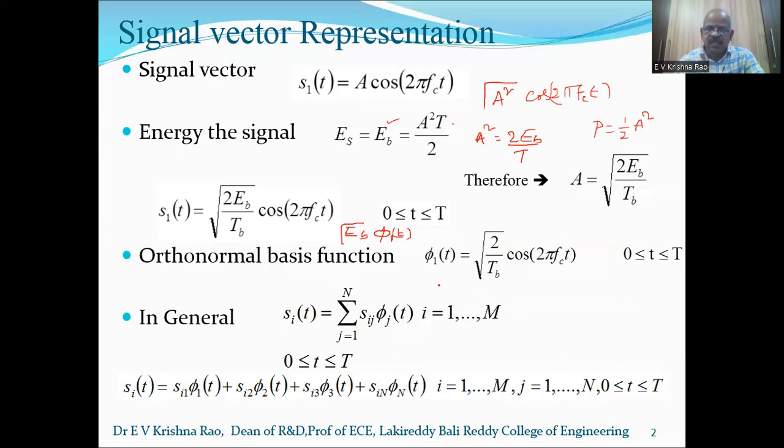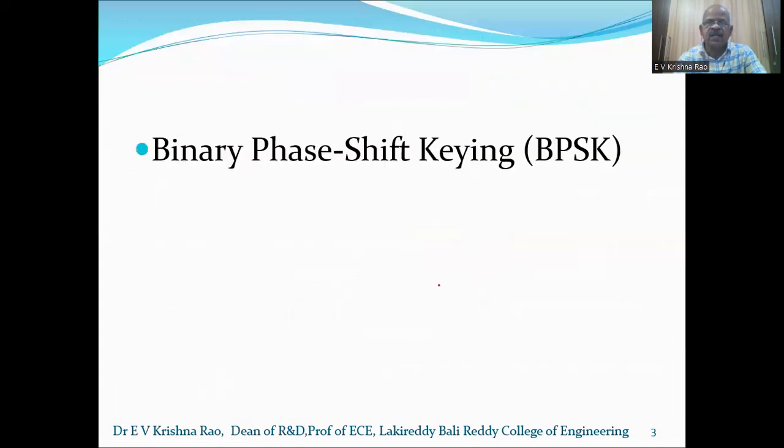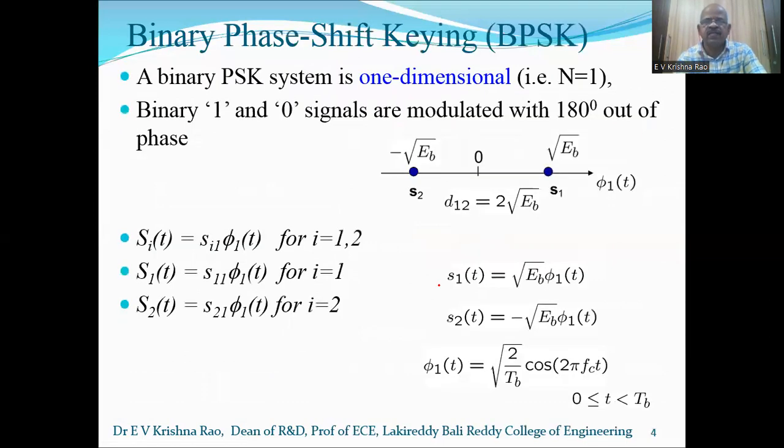Similarly, with this signal vector, we would like to observe the probability of error in binary phase shift keying. That is modulated at 180 degrees out of phase between binary 1 and binary 0. You can modulate phase at 0 for binary 1 and 180 degrees out of phase for binary 0 or vice versa.